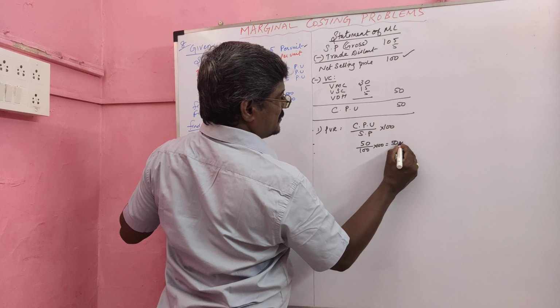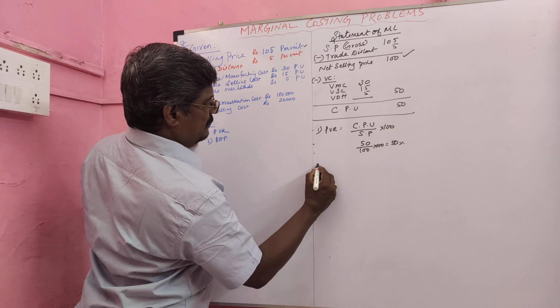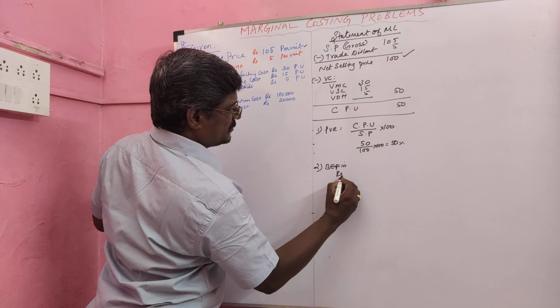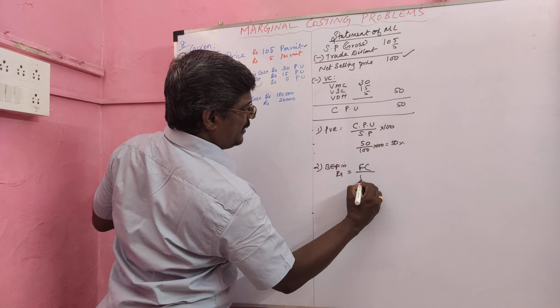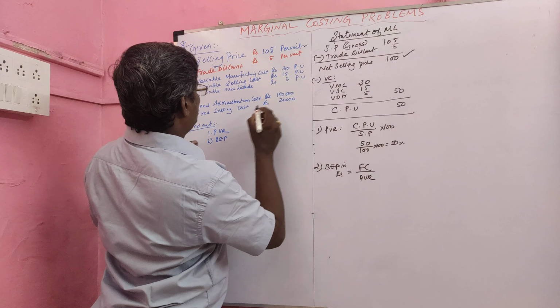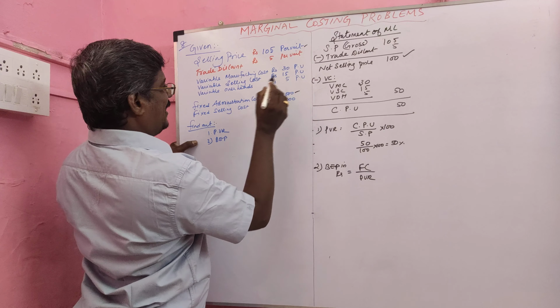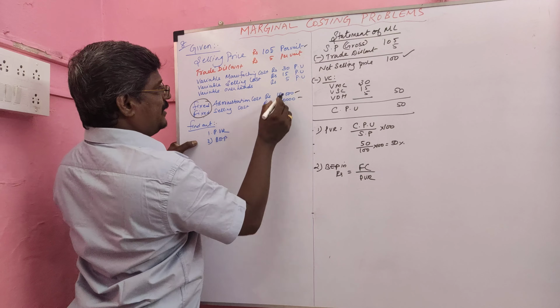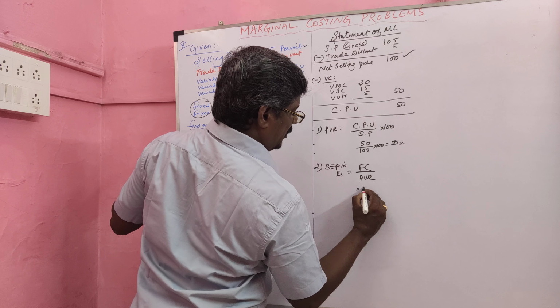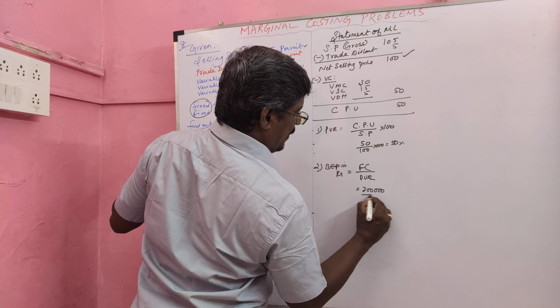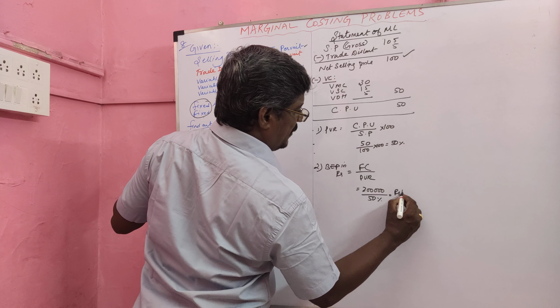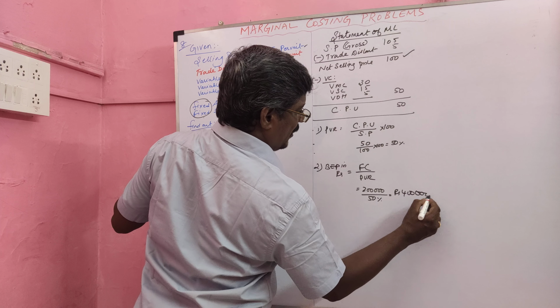So 50%. Next, the second question, BEP they are asking. BEP in rupees. What is the formula? Fixed cost divided by PVR. Fixed cost how much? Fixed administration cost 1,80,000. Fixed selling cost 20,000. So fixed cost totally 2 lakh divided by PVR 50%. Our BEP rupees 4 lakh.